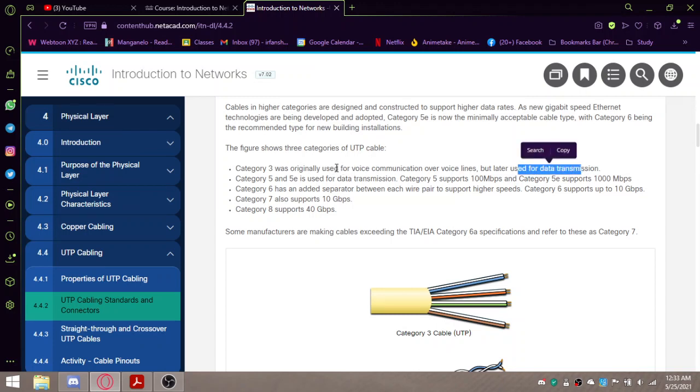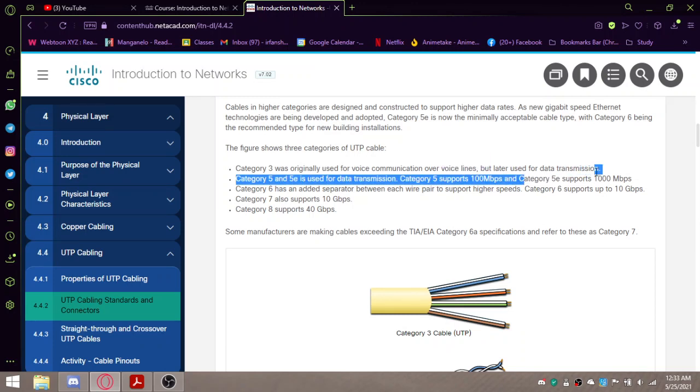Oh, sebelum ni voice line dia guna untuk call, lepas tu dia guna untuk data transmission. Okay, and then we have Category 5 and 5E, used for data transmission. Category 5 supports 100 megabit per second.